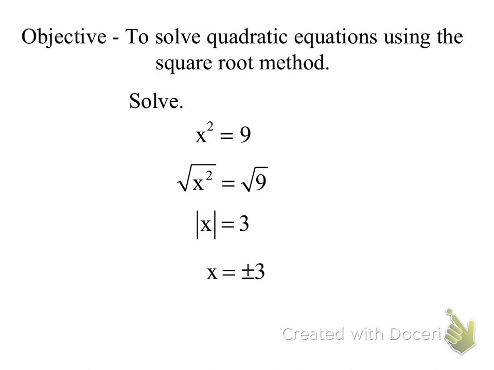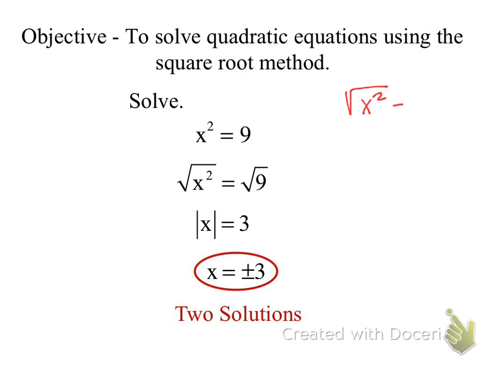I had some people that were figuring this out, but they were still only giving me one answer. That's because they didn't understand the idea that when you take the square root of x squared, it equals the absolute value of x.